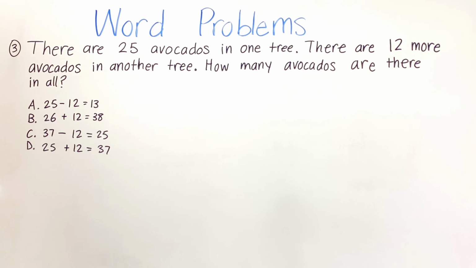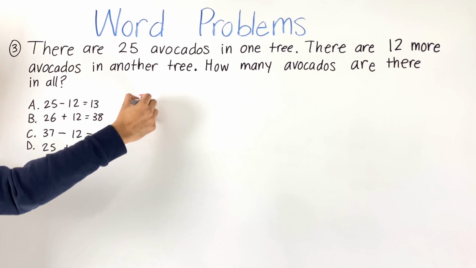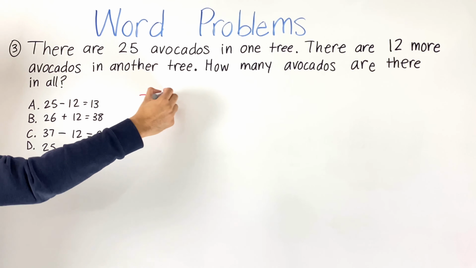So for number 3, you have: there are 25 avocados in one tree. There are 12 more avocados in another tree. How many avocados are there in all? So we're going to read it again, like I said, number 3. There are 25 avocados, so we're going to write 25, because we have 25 avocados in one tree, right?